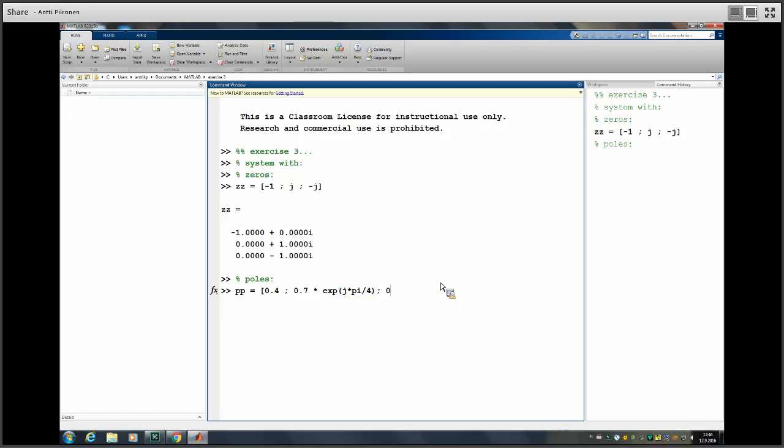And 0.7 times exponential of the complex conjugate, which means that you change the J to minus J. Whoops. There. Okay.